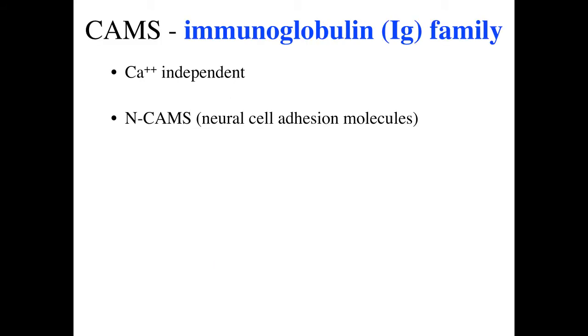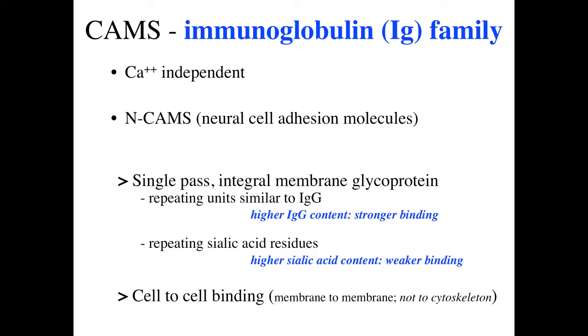Cell adhesion molecules in the immunoglobulin family are calcium independent. Most notable of these are the neural cell adhesion molecules. These are single pass integral membrane glycoproteins. They have repeating units that are similar in structure to immunoglobulins. The higher the Ig-like or immunoglobulin-like content to these cell adhesion molecules, the stronger the binding. They also have repeating sialic acid residues, and the higher the sialic acid component in these proteins, the weaker the binding.